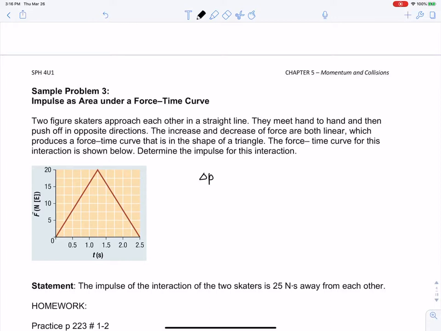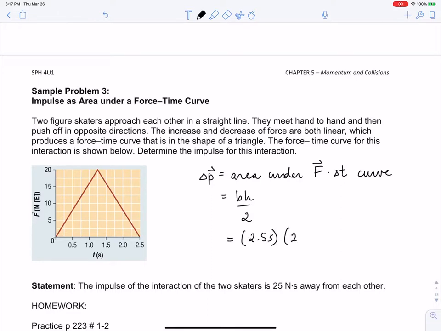So the impulse is equal to the area under the force-time curve. In this case, it's a triangle. The area of a triangle is base times height divided by 2. The base of this triangle is 2.5 seconds.